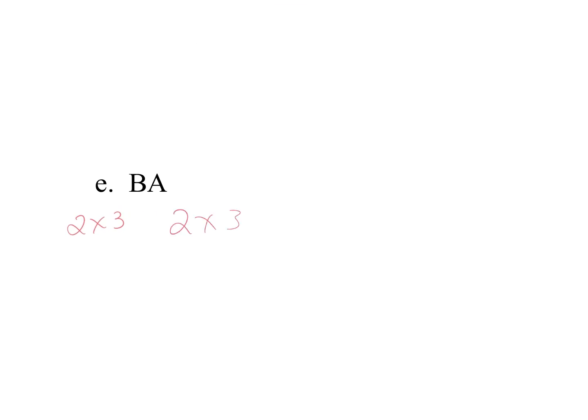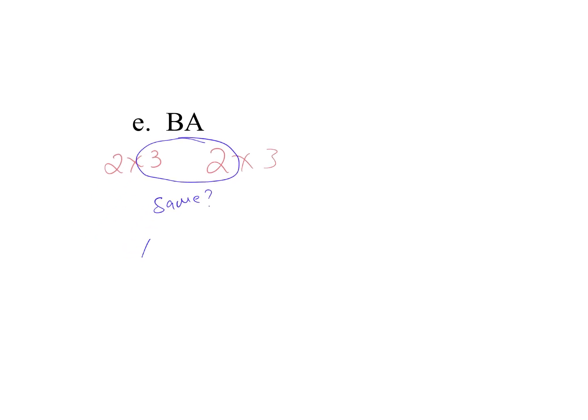Look at the middle here. Are these dimensions in the middle the same? No. So can I multiply these? No, this is impossible. Remember, order matters and dimension matters. A times B may not be the same as B times A. So just pay attention to what you are given and what it looks like.